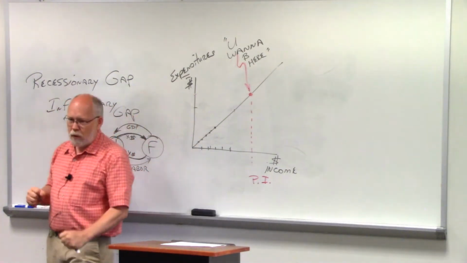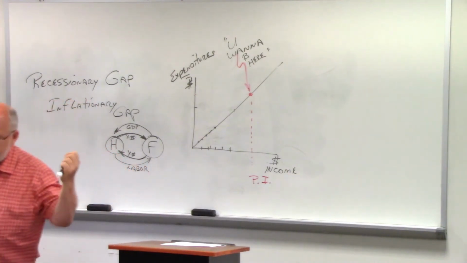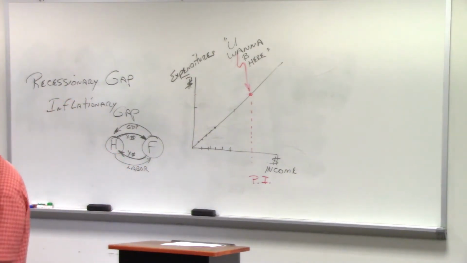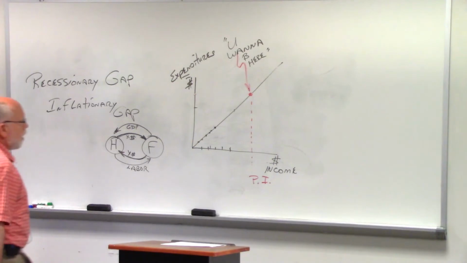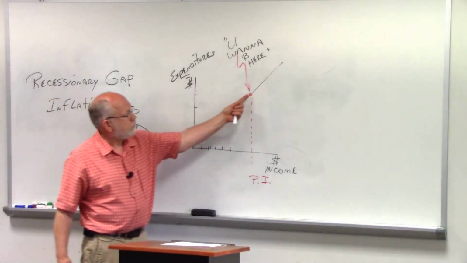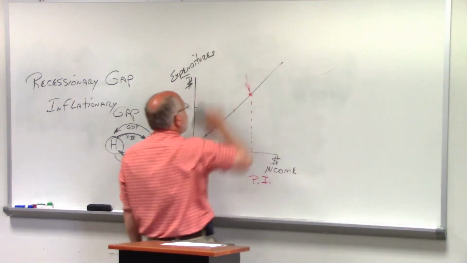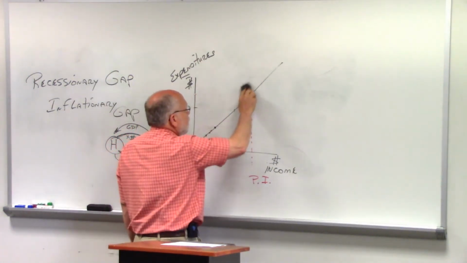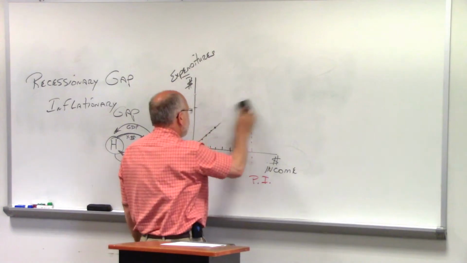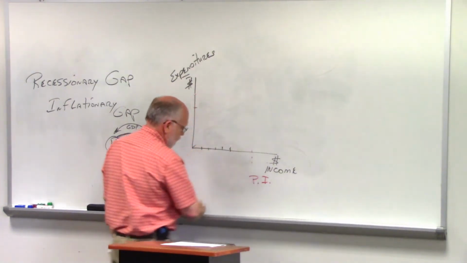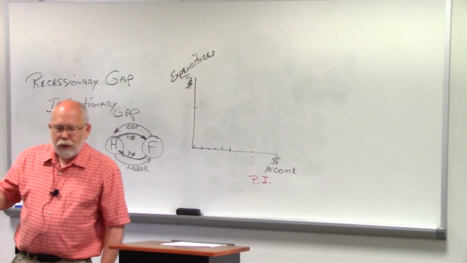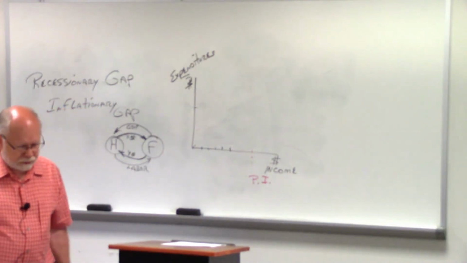And oh, what a wonderful world it would be if everybody had a job and everybody was working all the hours they wanted to work and spending all the money they could possibly make. So we want to be here. Yeah, so I'm going to erase this here. Okay. Now let's talk. Keynes said there were basically two kinds of expenditures.